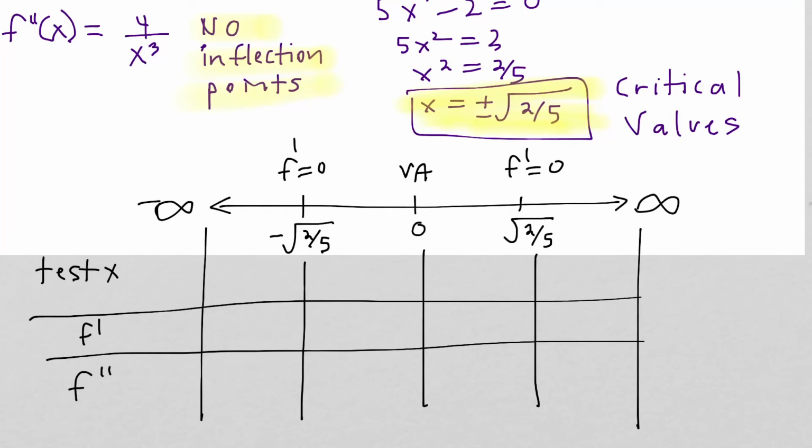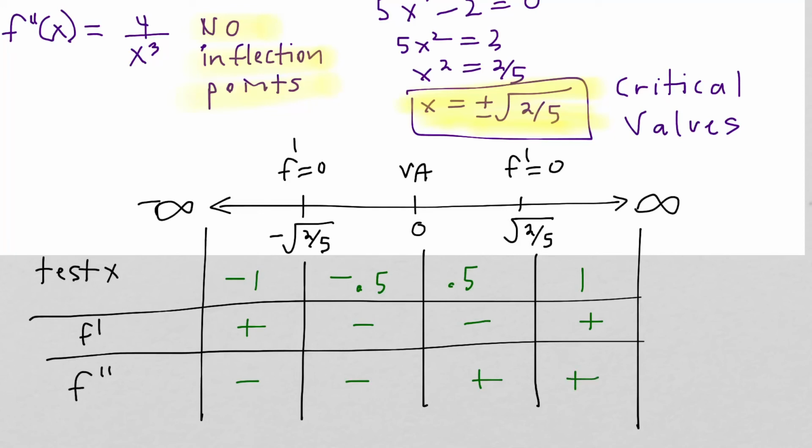The test x values that I'm going to choose are -1, -0.5, 0.5, and 1. So then I sub those into f prime and I get plus, minus, minus, plus. I sub those values into f double prime and I get minus, minus, plus, plus.